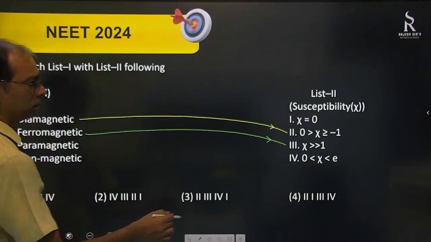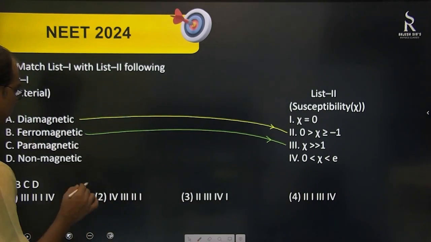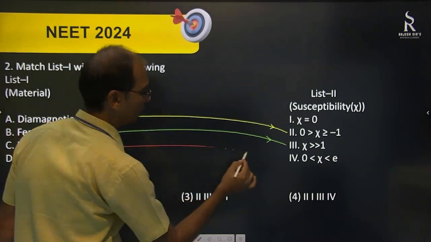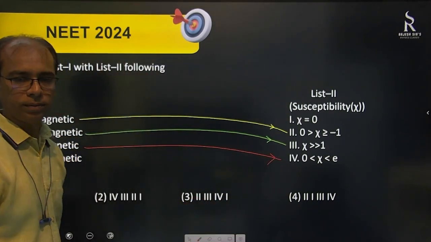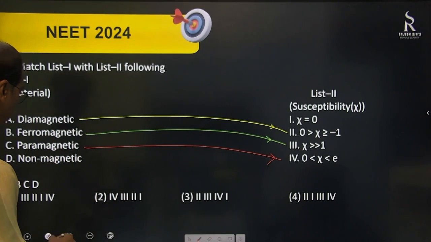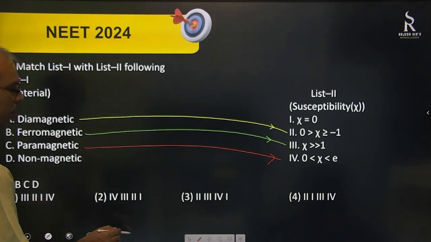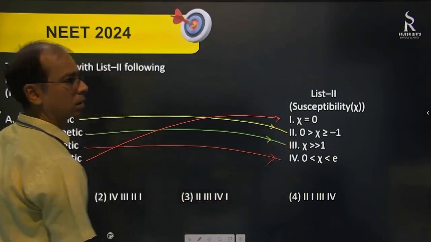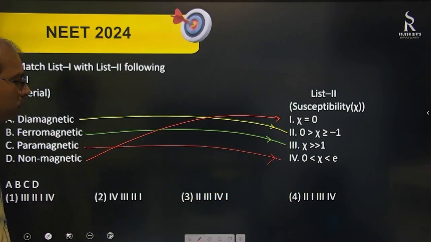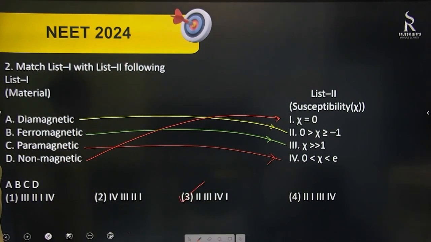So this one, paramagnetic will go for 4. Yes, absolutely right. And then non-magnetic will have 0 susceptibility. So answer is third. Clear? Okay, let's go ahead.